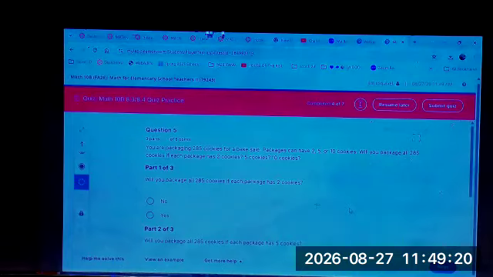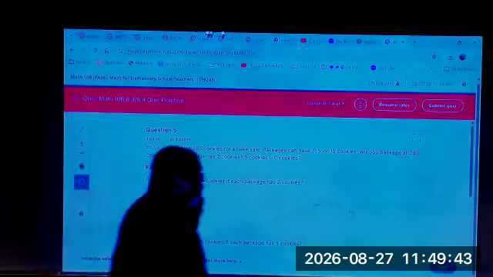Will you package all 285 cookies with each package having the same number? You see the question just like this. Can we package all 285 cookies if each package has 2 cookies? No, 2 can't go into 285 evenly. That's a no.